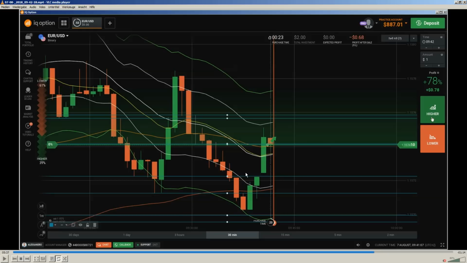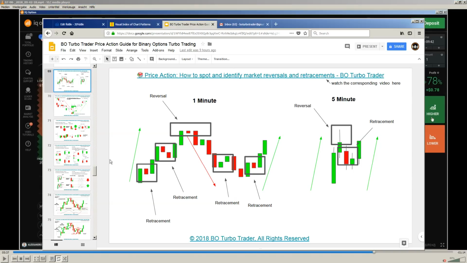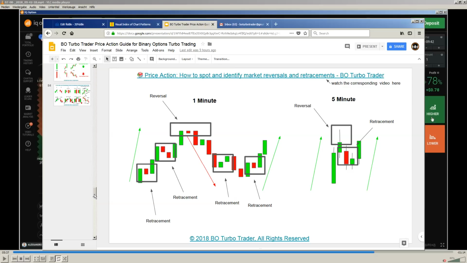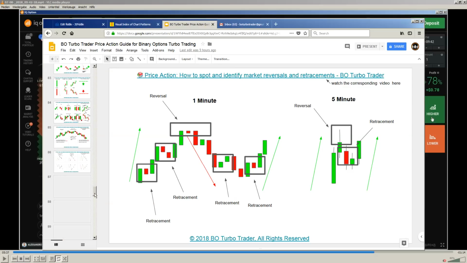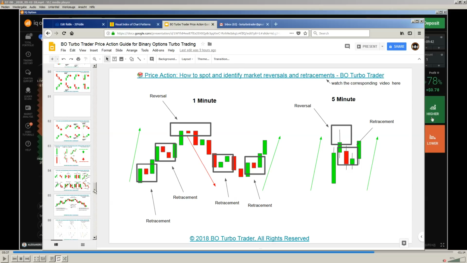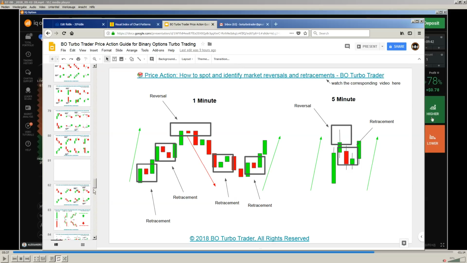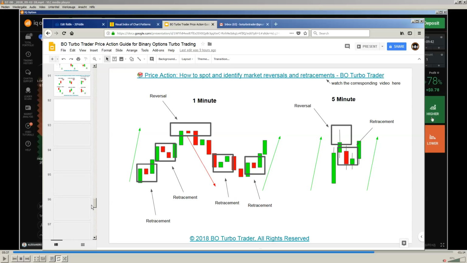I will show you this again, this kind of engulfing candle that I have explained here. Watch this. If this would be a bearish candle, it wasn't, so it was a trend continuation. But if this would be a bearish candle, most probably the price would have gone up further.